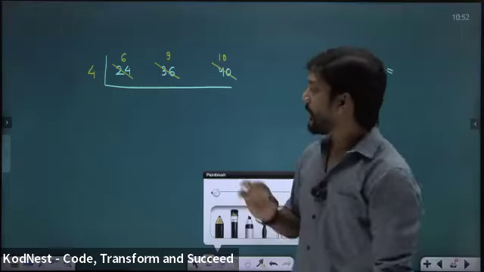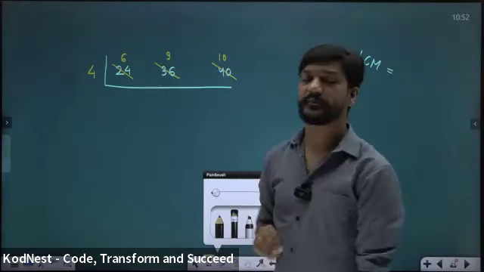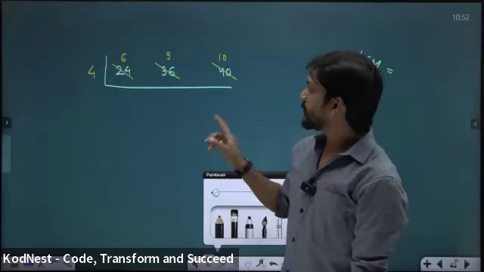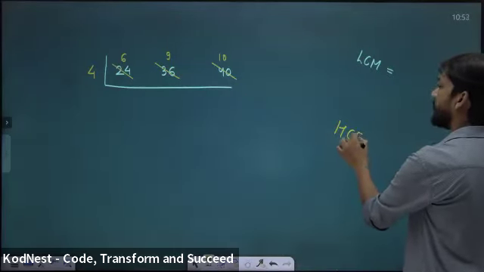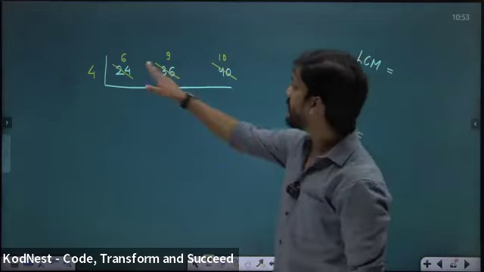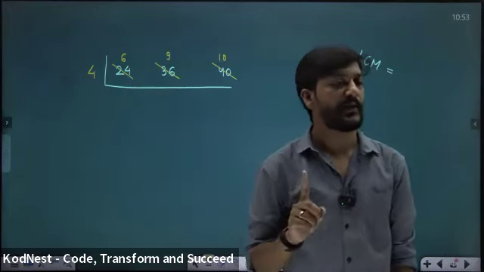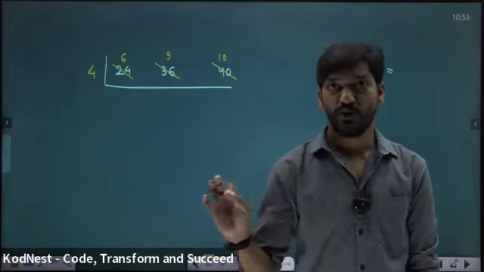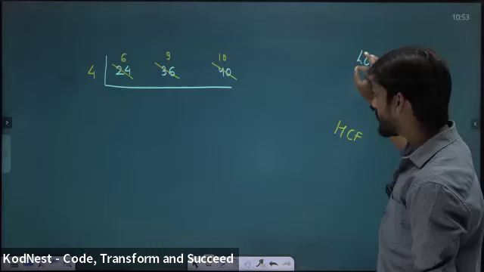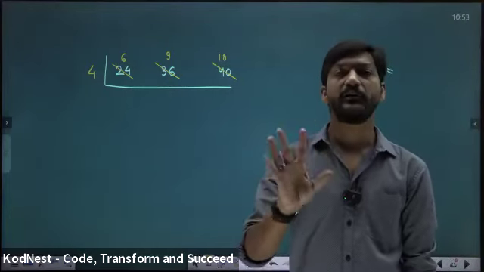This is LCM. If it were HCF, I will not take 3 because it is common to 2, not this one. If I say HCF, will I take 2? 2 is common to these two. Will I take 2 if I calculate HCF? No. For HCF, we have to see common to all. For LCM, we have to see common, not to all, but anywhere if it is common.